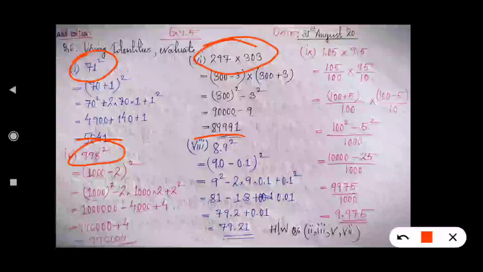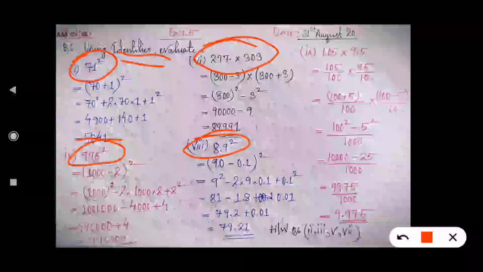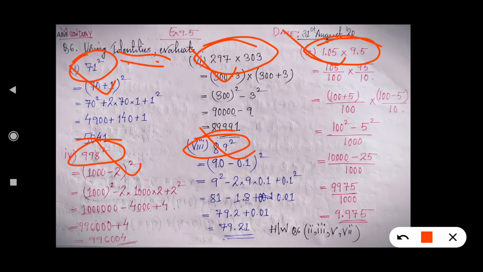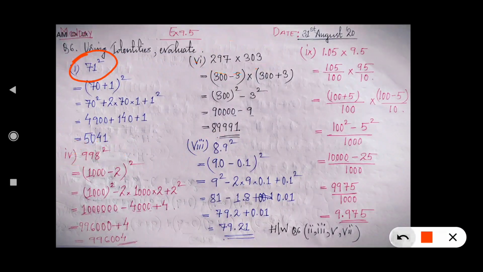In all these kinds of numbers where you have to use the identity, when the numbers are given with the whole square or something, and you have to use the formula, the first thing you have to think about is to convert the given number to the nearest number which ends with 0.